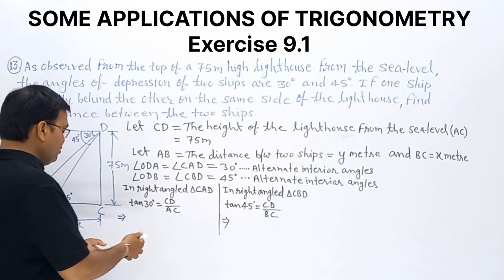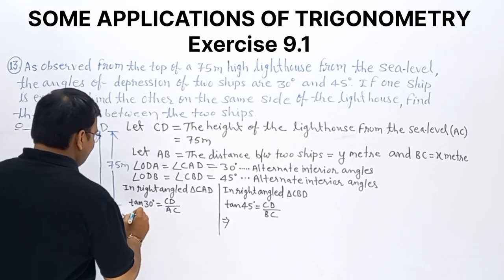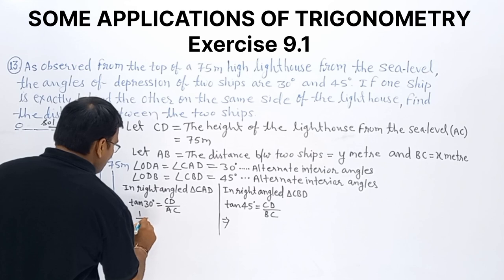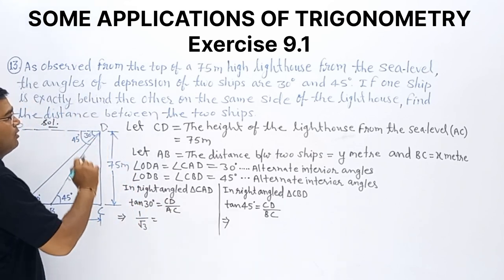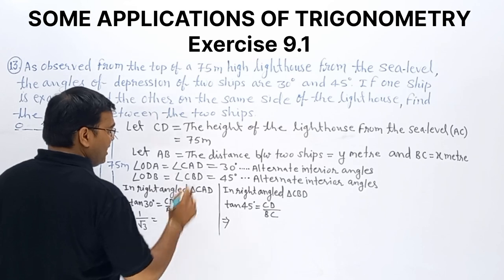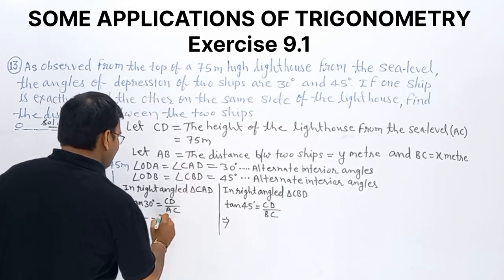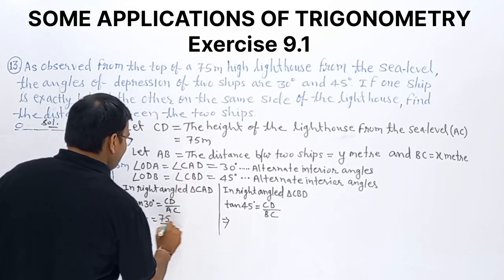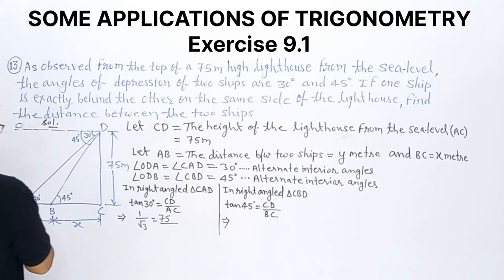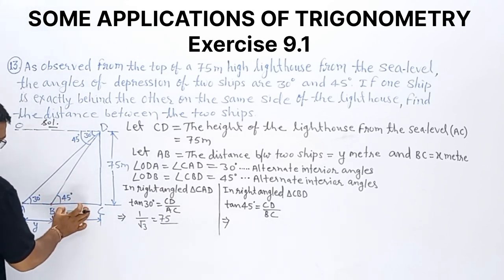So now put the values, then what are we getting? Tangent 30 we know well, 1 upon square root of 3 equal to CD. CD is the height of lighthouse from the sea level. It is given in the question, and this is what? 75 meter. And AC is what? We assumed distance between two ships plus this distance.